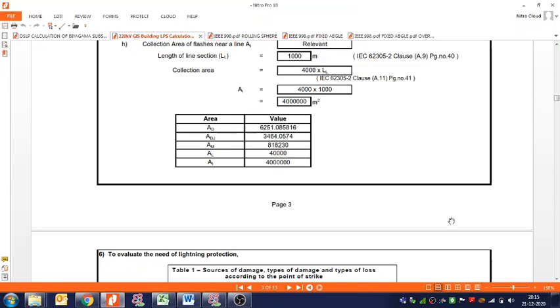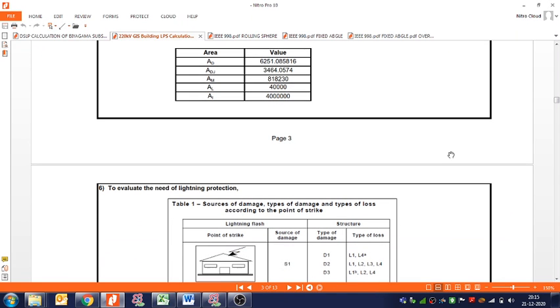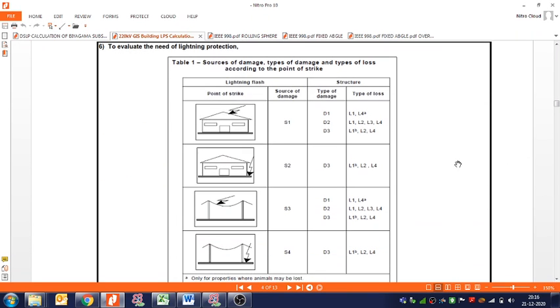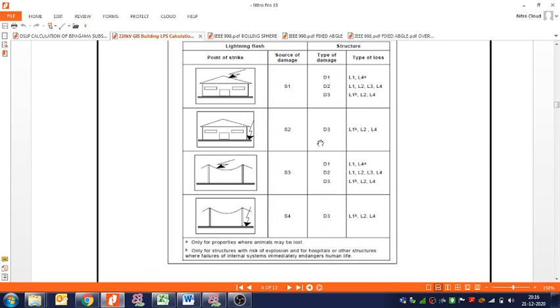Thereafter, after the collection area calculation, we identify and estimate all types of the losses that may occur on the GIS building or on the structure. So this is the source of the damage.